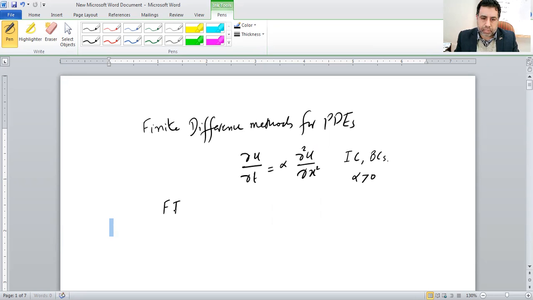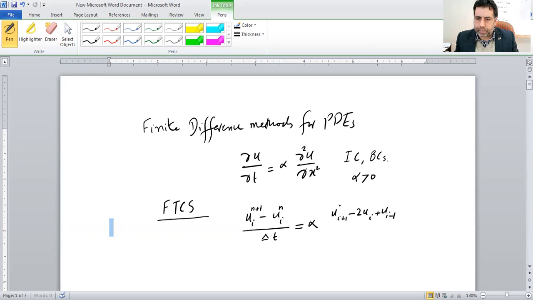So the scheme we discussed was forward in time, central in space. This time derivative was approximated by forward differencing, so the future time level minus the present level divided by the difference in the times, and then a second order method for the partial derivative with respect to the space coordinate.